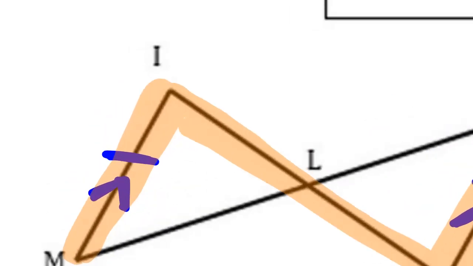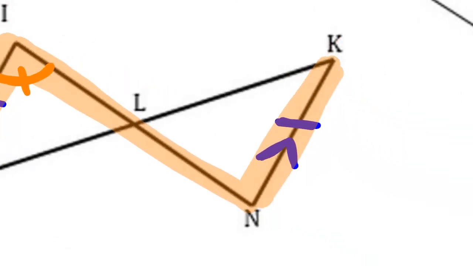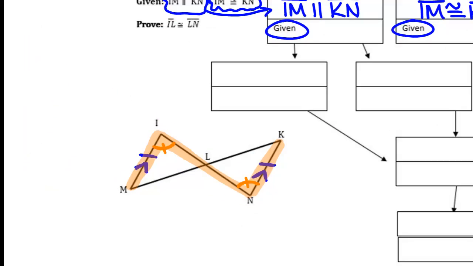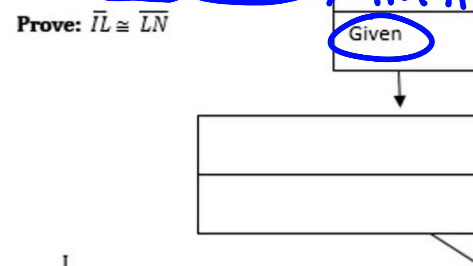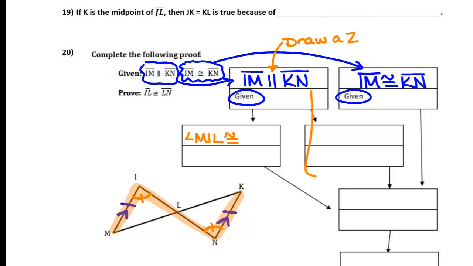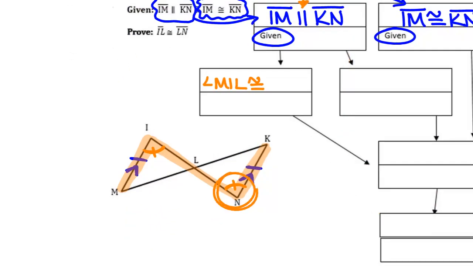And then I match orange to orange since I used orange highlighter here. So this angle up here is congruent to this angle down here. This angle right here, that's angle MIL. Angle MIL is congruent to, what could we call this angle down here?